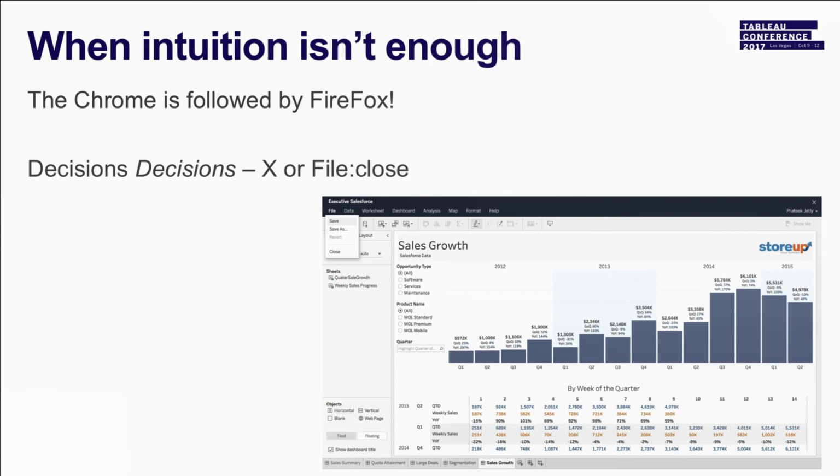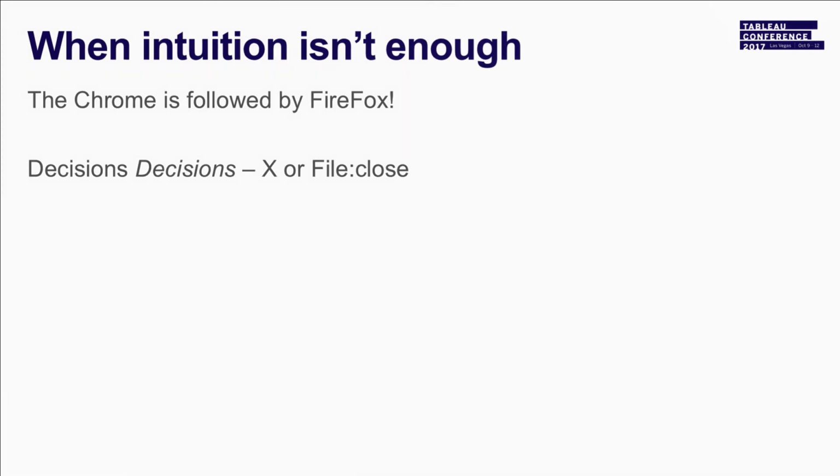The X is 5 times more popular than the close button. So we need more dialogues with X buttons. Usually you have a cancel or get out of it, but the X button seems to resonate more with our customers.